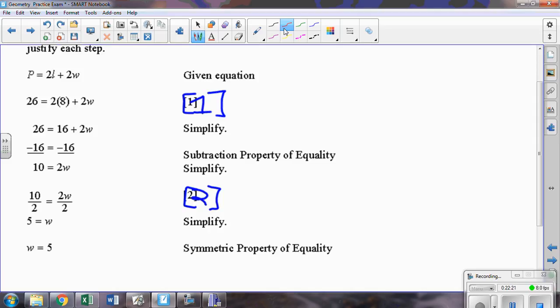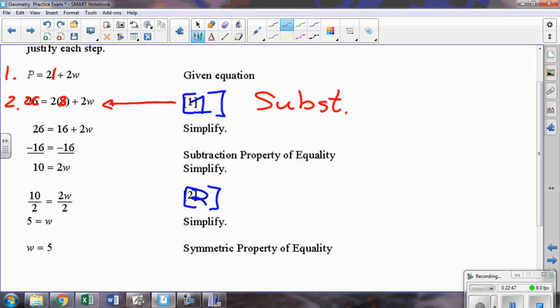But what we're noting is the given tells us here what will allow you to conclude that this is true. To go from line 1 over to line 2, what did you do? L equals 8. We put in L is 8, we put in P for 26, and those are substitutions.